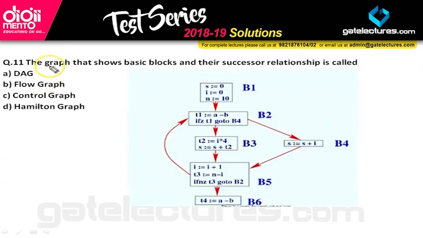We have our question which says the graph that shows basic blocks and their successor relationship is called: directed acyclic graph, flow graph, control graph, or the Hamilton graph. You don't need to mug up anything, just remember why we use the basic blocks. Basic blocks are used to detect the flow, or loops, of the graph, or also the conditional or unconditional jump conditions.